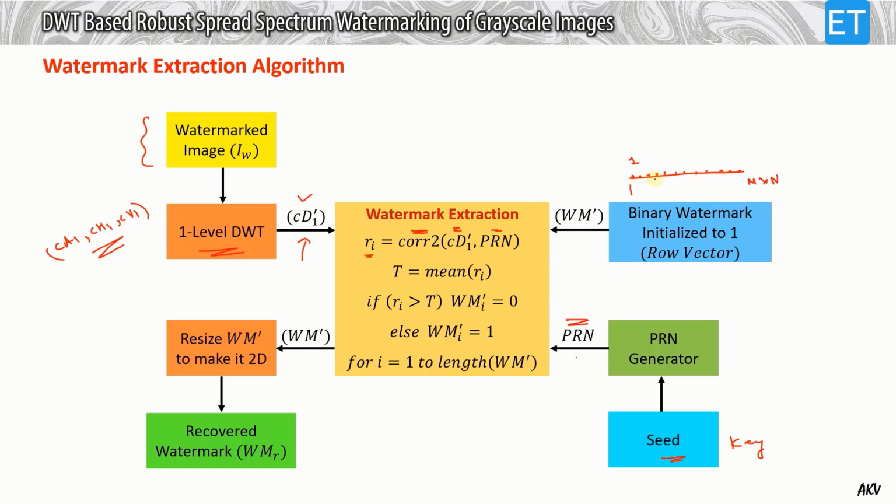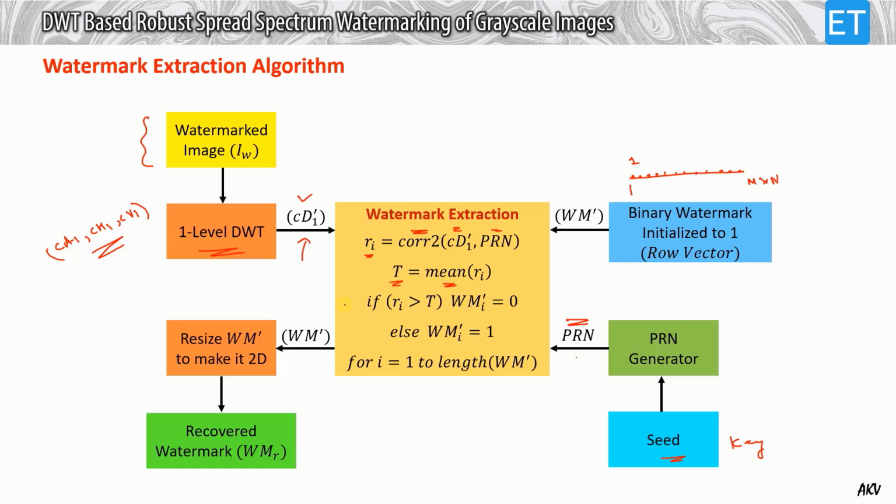So if there are, let's say, 1000 bits here, we generate 1000 PRN sequences and get correlation with the CD1 dash. All correlation values are stored in this vector R, and once it is completed, we take the mean of this. So we find T, which is known as the threshold value.